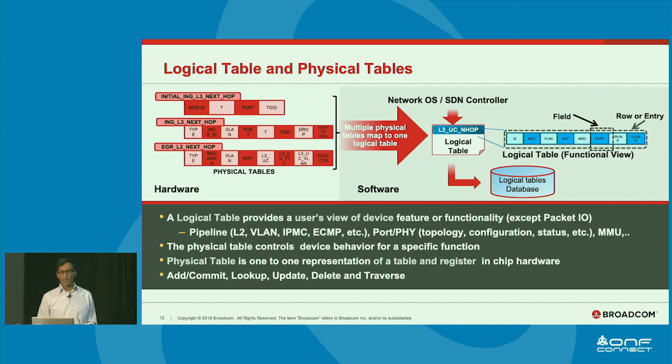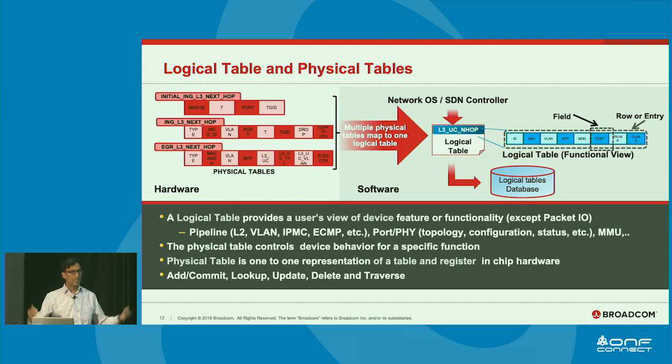A user would look at it as a layer 2 table, VLAN table and things like that, and physically there could be many more. Not only the tables, like I said, the control aspect of it is also abstracted out. Once you have all these as tables, you can go back to your traditional CRUD kind of interface where you are adding, and because we have transactions, it's not only a create or an add or an insert, it also has a commit.